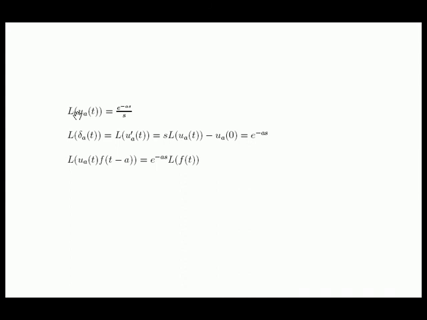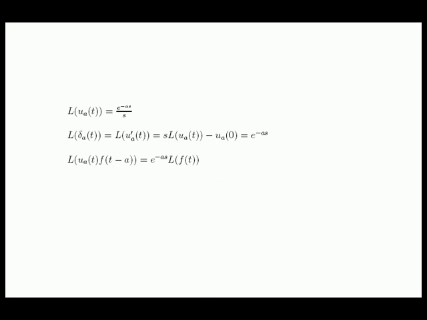We'll worry about the second one in a minute, in the next problem. But for the first problem we just need the Laplace transform of the Heaviside function by itself. The Laplace transform of the Heaviside function times a function of t minus a is e to the minus as times the Laplace transform of f.